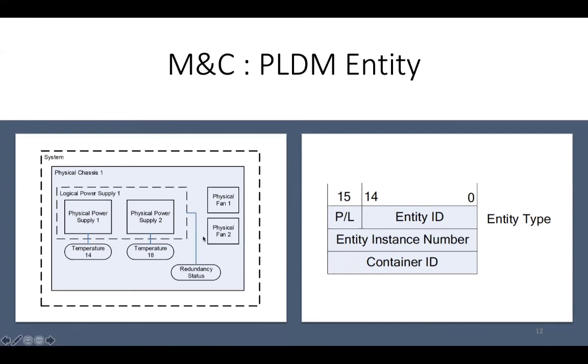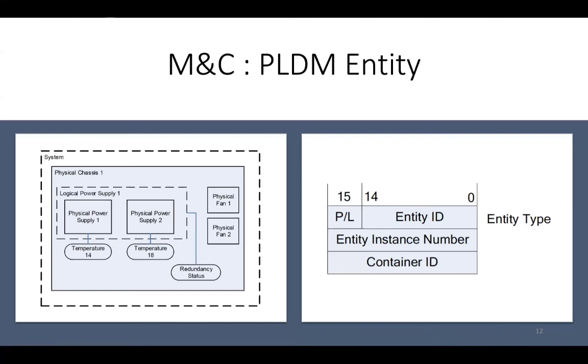There is also a redundancy status, which can be a sensor. There are a couple of physical fans. Each of these would be physical or logical entities. And there is an entity type for each entity, which is 6-byte information comprising the entity ID. Earlier I mentioned the PLDM state spec and the entity ID code spec.